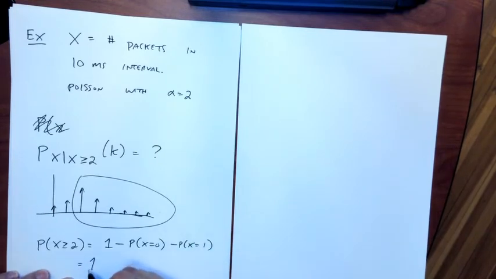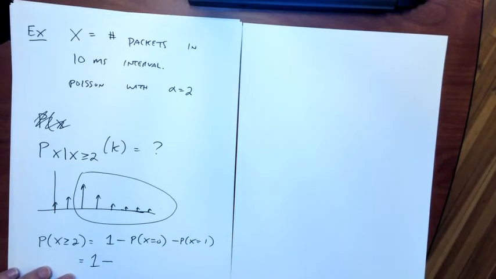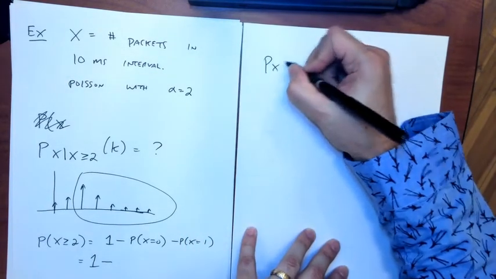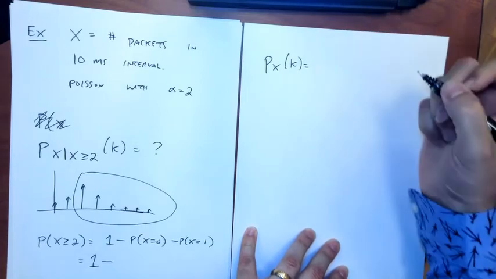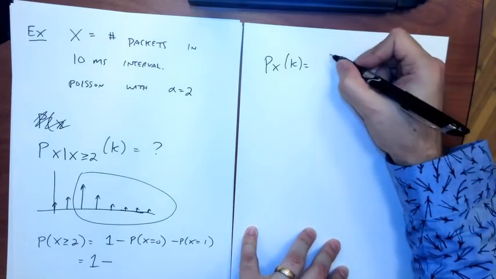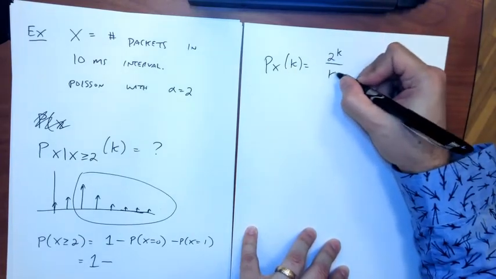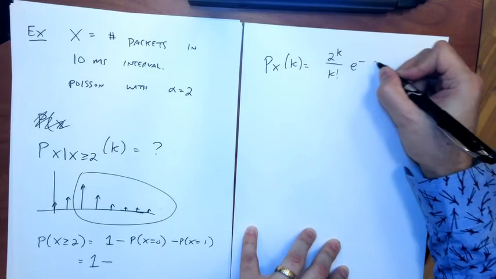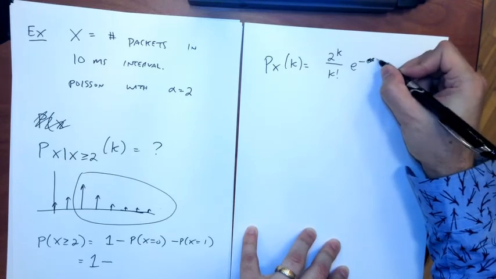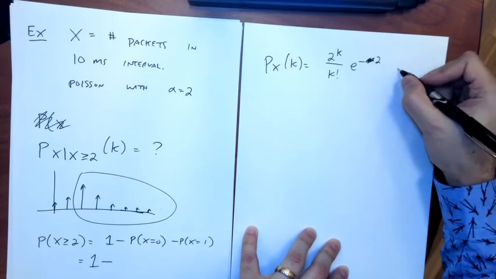So I have to remember what my Poisson PMF is. It's going to be 2 to the k over k factorial times e to the minus 2, e to the minus alpha, right?